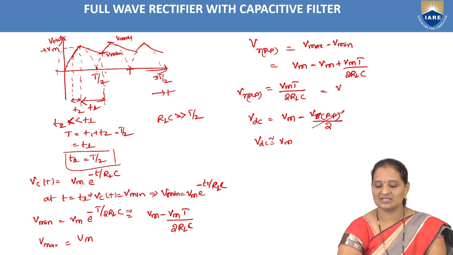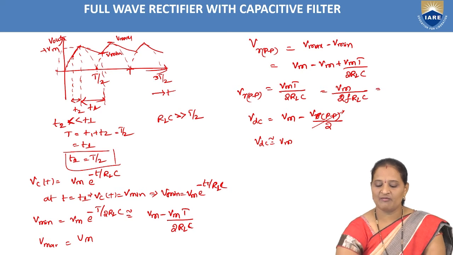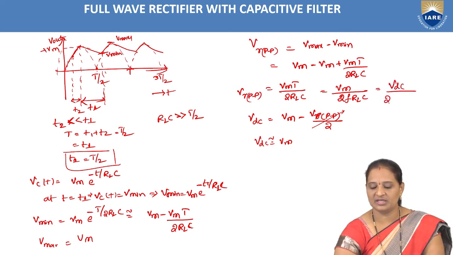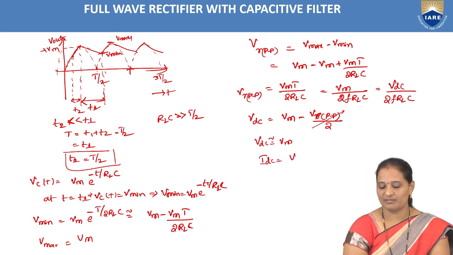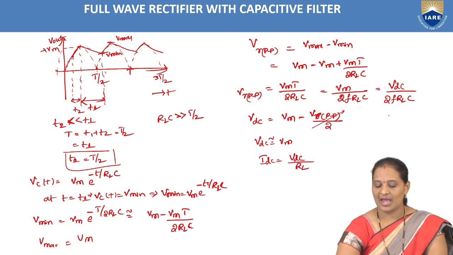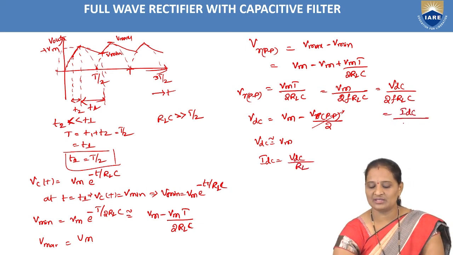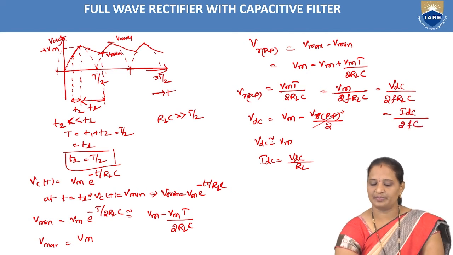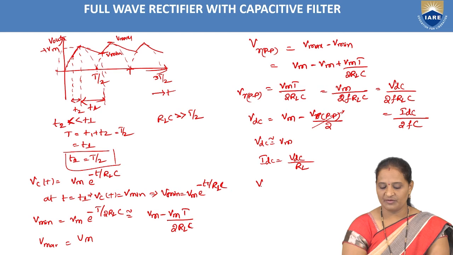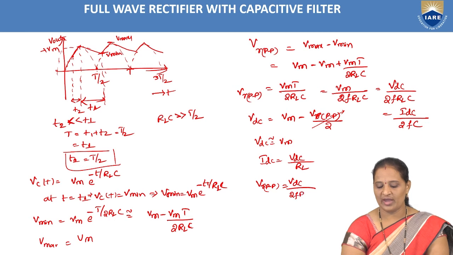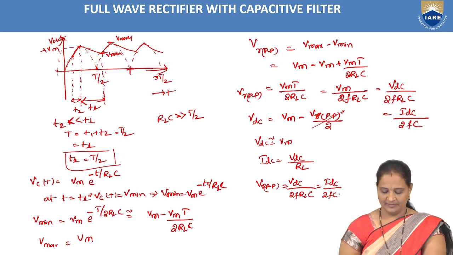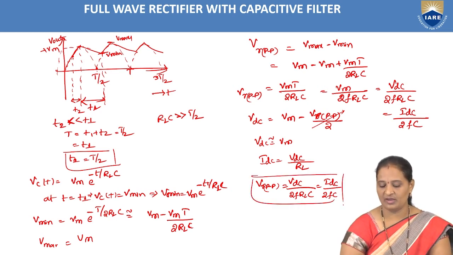I can write VR peak to peak as Vm divided by 2F into RL into C, whereas Vm can be written as VDC, where IDC is given by VDC divided by RL, and hence I can also write this as IDC divided by 2F into C. So VR peak to peak can be given by VDC divided by 2F RL into C, or else IDC divided by 2F into C.